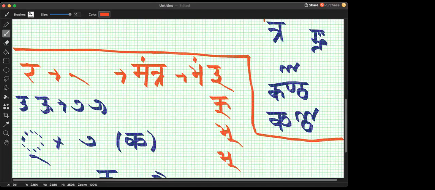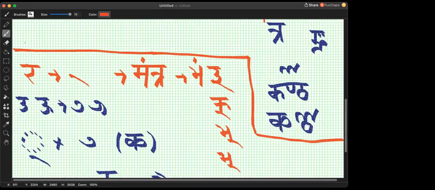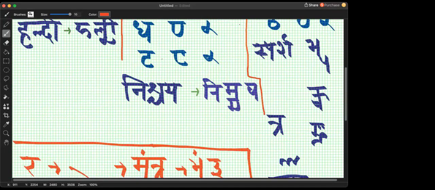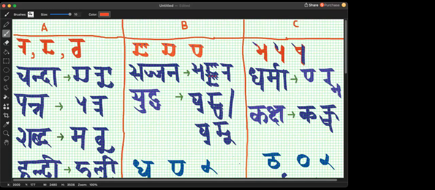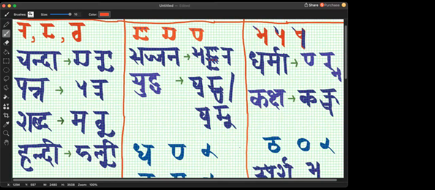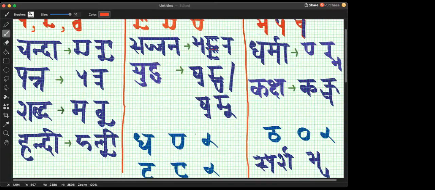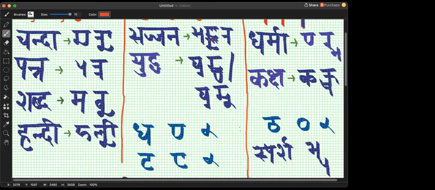So category A, B, C we learned. That is when the alphabet touches the Shiroreka once and more than once, and if it does not have a Shiroreka at all. How the conjuncts are made. And for the, th, and th, it can be written as a full alphabet or it can be written in this shape, as I have explained.